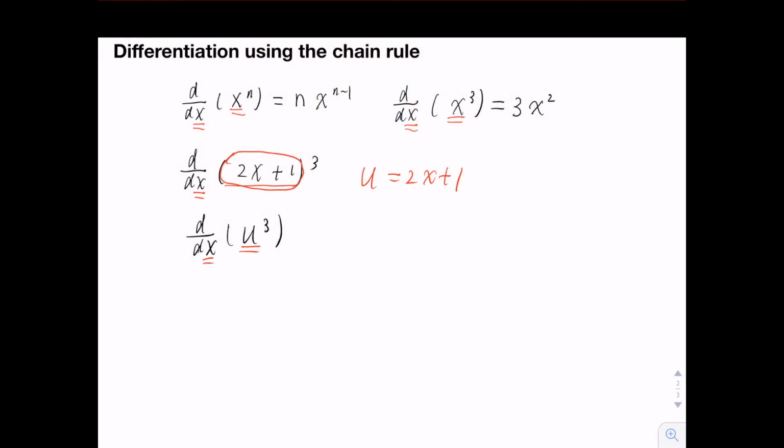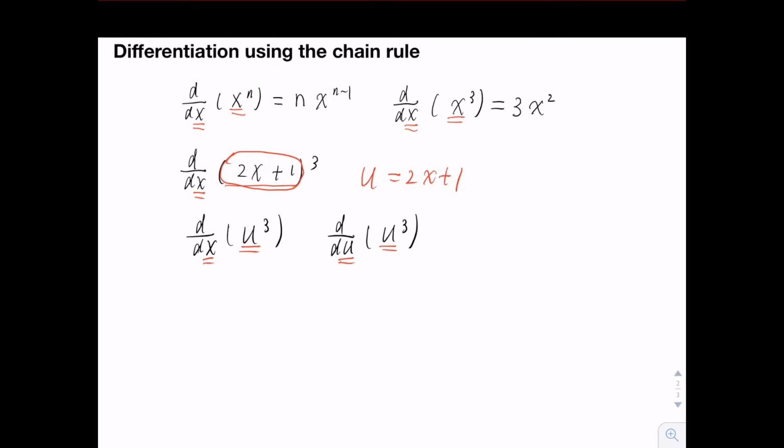So then how do I solve that problem? Because the change doesn't make them the same. But one thing I can do is change the question into d du of u cubed, that sounds perfect because now I make them the same. But that's not my question.